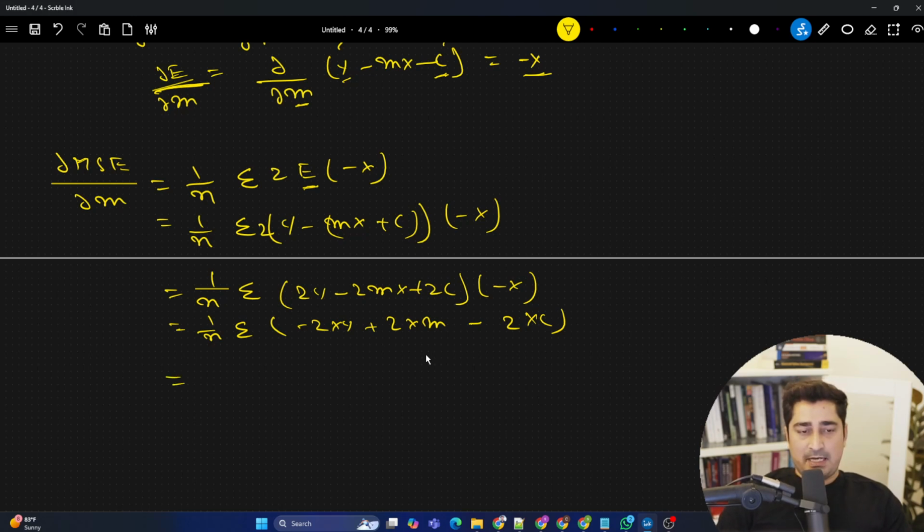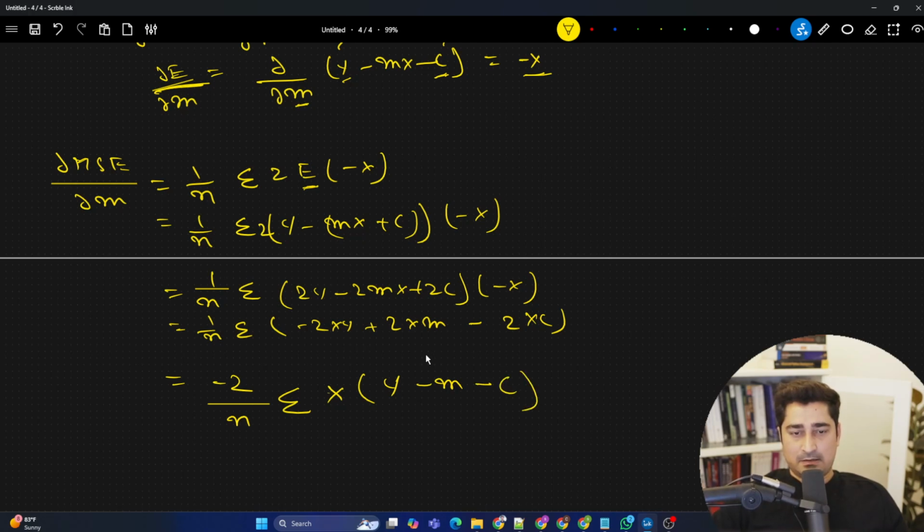Now I'm trying to take minus 2 common because minus 2 is common everywhere. So minus 2 by n, and even x I'm going to take out. So minus 2x if I take out, it's going to be y minus mx, and minus c, sorry, some x square, right?